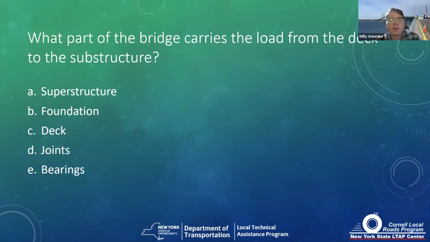There we go. Okay, so we are looking for superstructure. Foundation transmits load from substructure to ground. Deck from the vehicles to the superstructure. Joints, if they transmit load, it's between superstructure elements, and bearings are between the superstructure and the substructure.